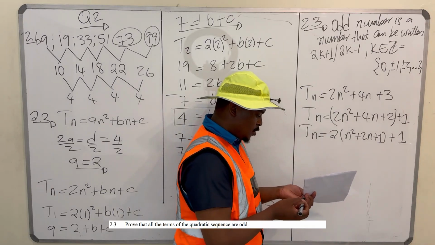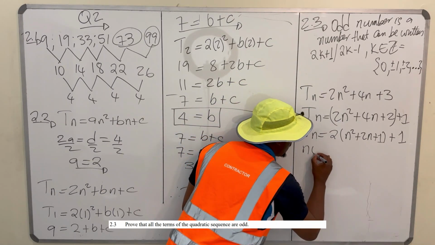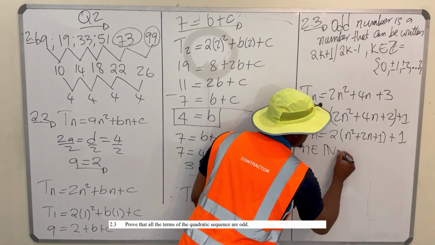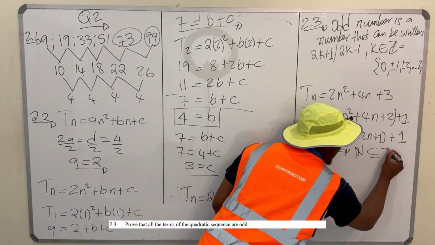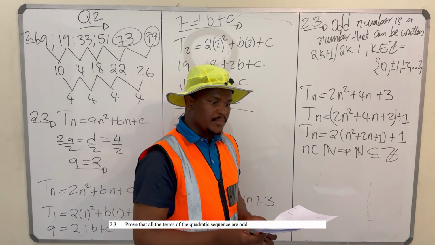now, you know that for your sequences, n is a natural number, right? And you know that your natural numbers are contained inside your integers. Are you with me?